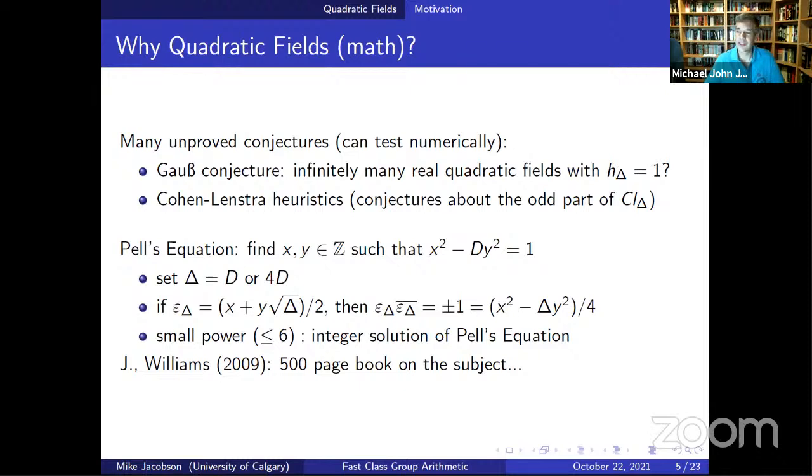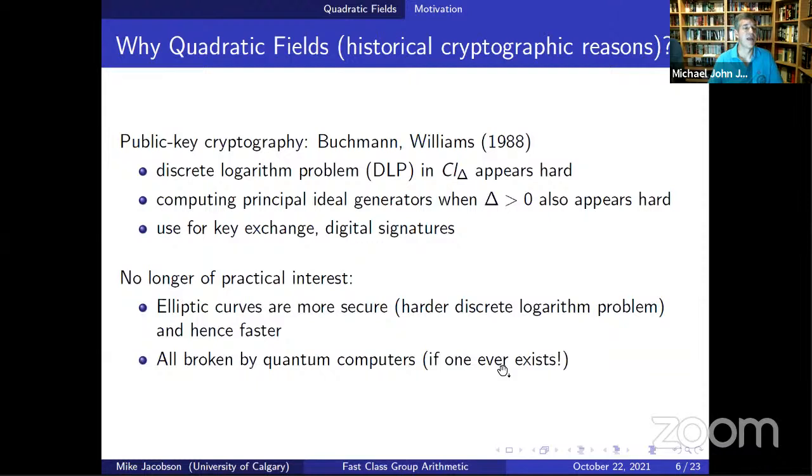In fact, it's even possible to write over 500 pages in a book just on this one equation alone. So there's lots of really cool stuff that you can do with this. And for many of those algorithms, it's really important that basic arithmetic in the class group be as fast as possible for those things to be efficient.